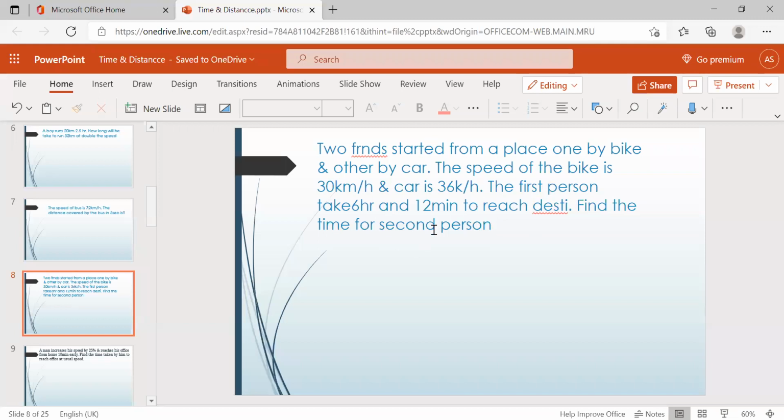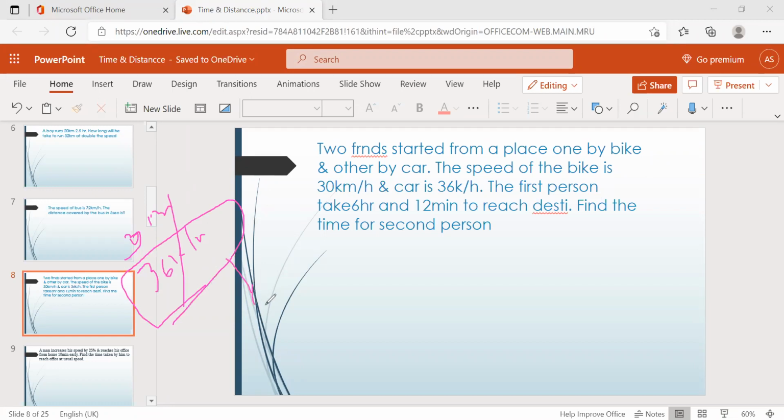Okay, and just think here. The first person is traveling with 30 km/h and the car is 36 km/h. So who is fast here? The car person is fast, so the car person will reach first.